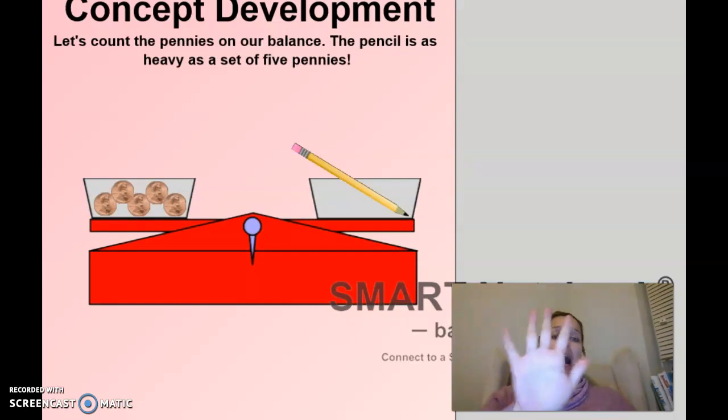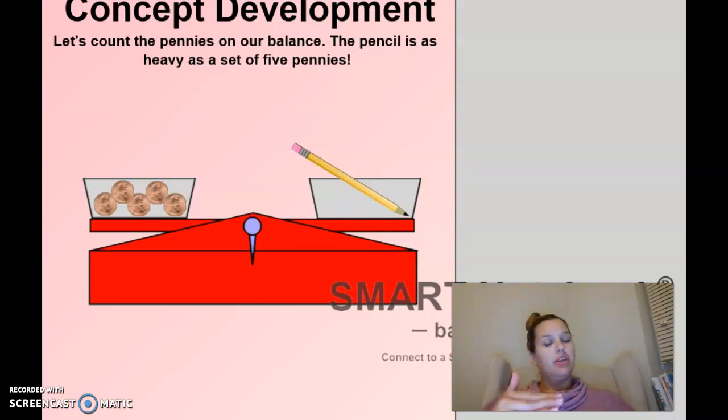It took 5 pennies to balance our pencil. Do you think the number of pennies would change depending on what I put on this side? Absolutely. It could change. Depending on what's over here, it may always take a different amount to balance your scale, right?